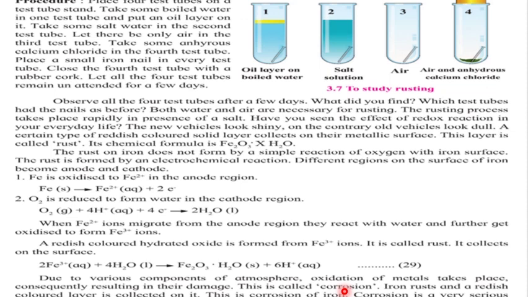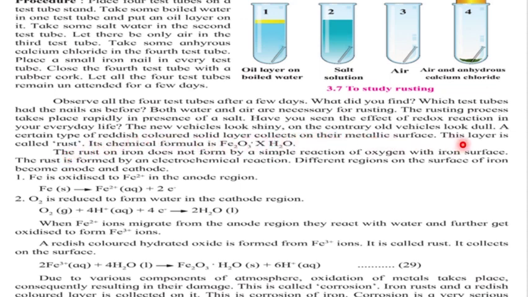Now let us see the definition of rust and the formula. Due to the various components of the atmosphere, the iron metal reacts with the components of the atmosphere, and a certain type of reddish color solid layer collects on the metallic surface.